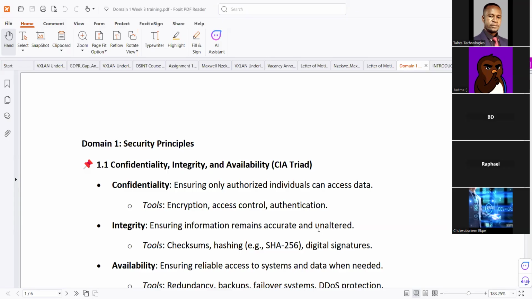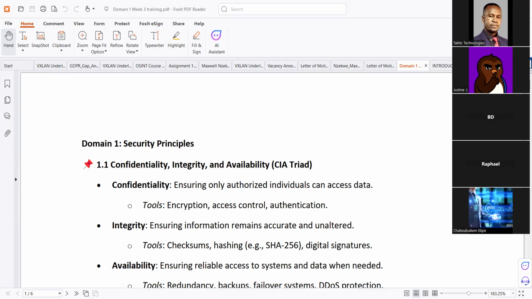Okay, sir. All right. So we start with domain 1, which is security principle. In ISC Square, we have different domains. Who can tell me how many domains we have? 5.